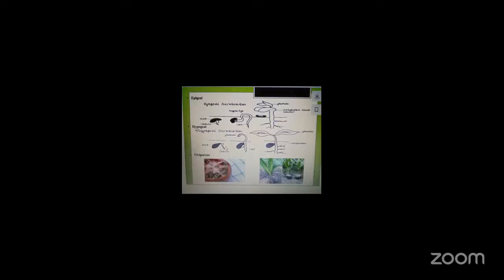Water is very essential, and air means oxygen. Room temperature around 25 to 30 degrees centigrade is the optimum temperature for seed germination.